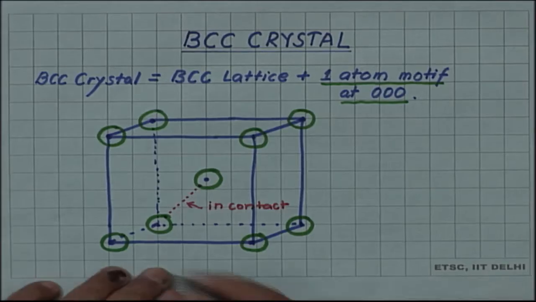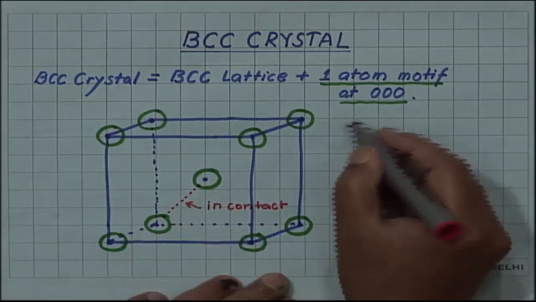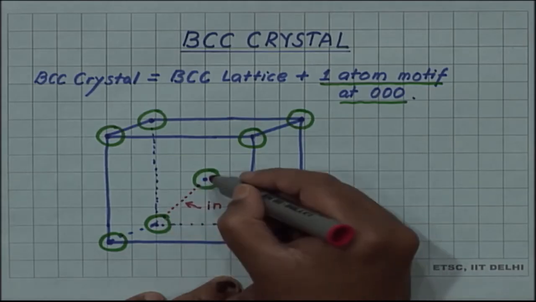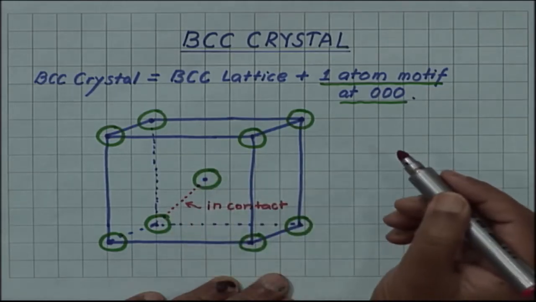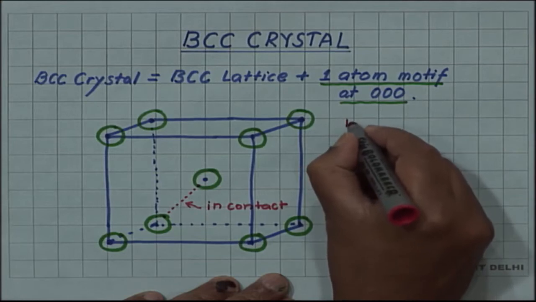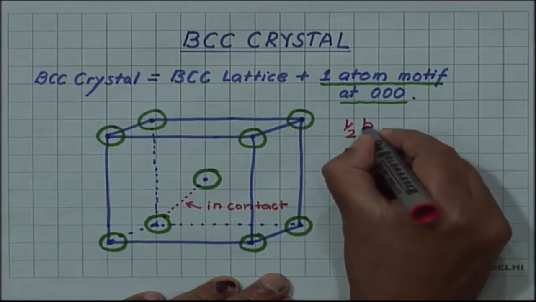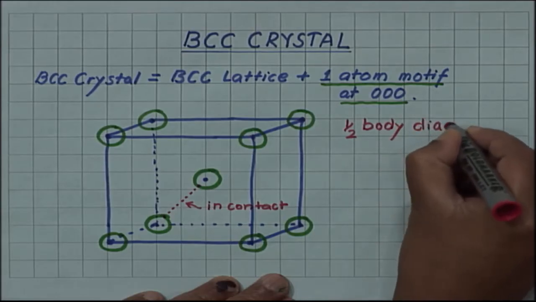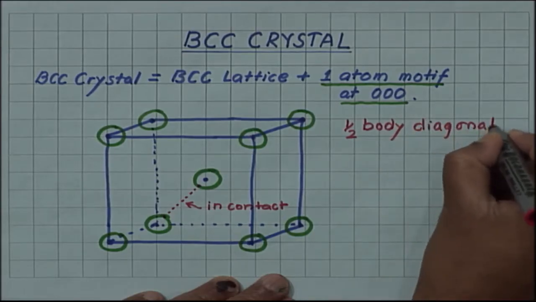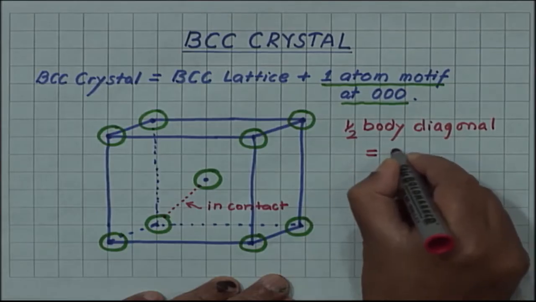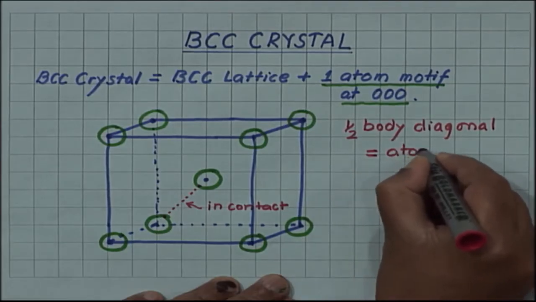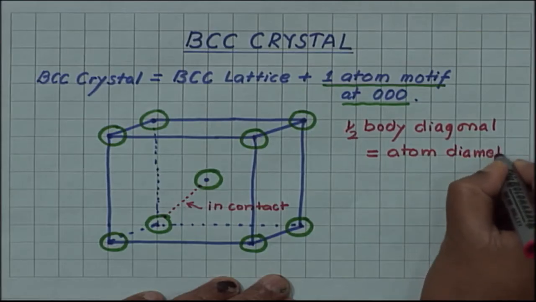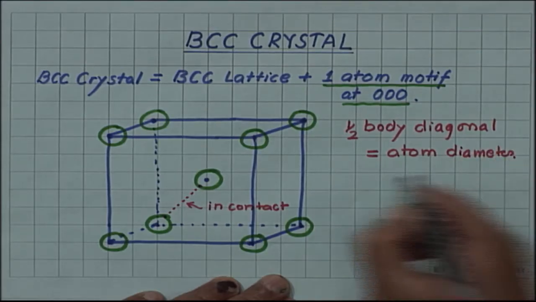Which means, if I draw them touching, this distance, half body diagonal, should be equal to the atom diameter.